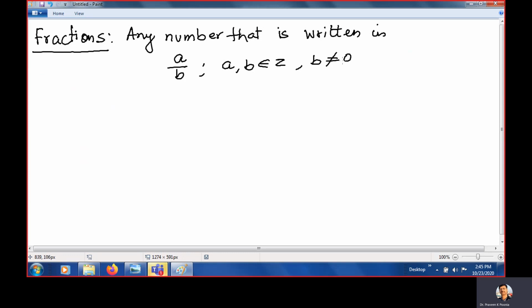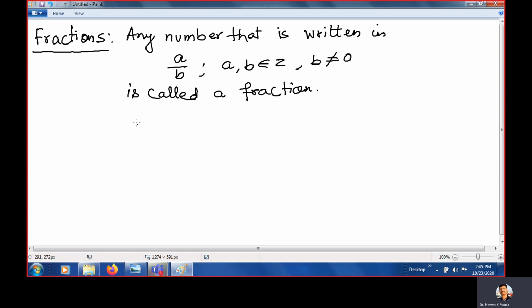So if we are writing any number in the form A upon B, where A and B are integers, and remember this B is not 0, it is called a fraction.